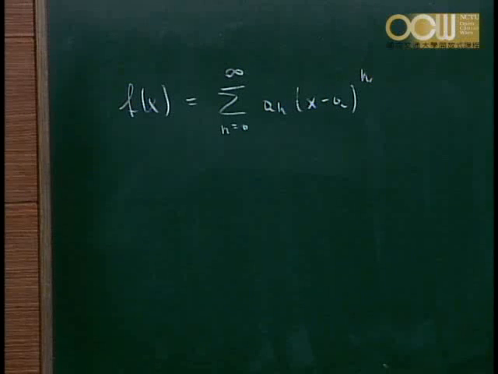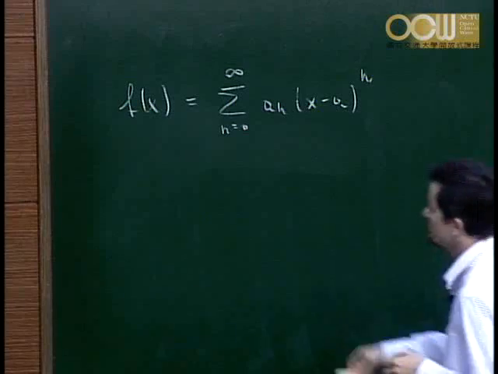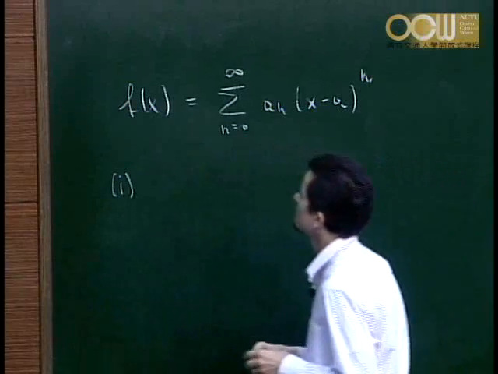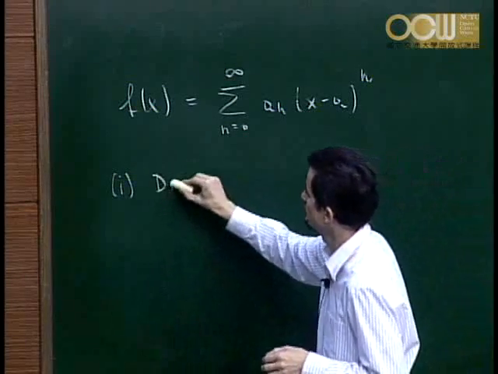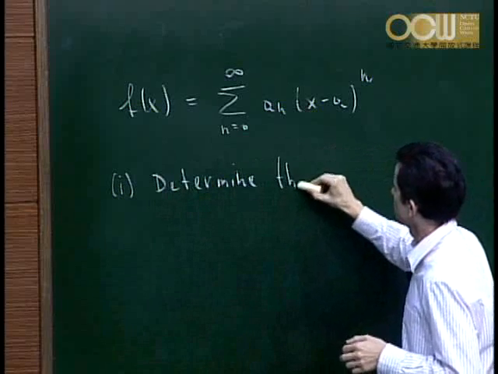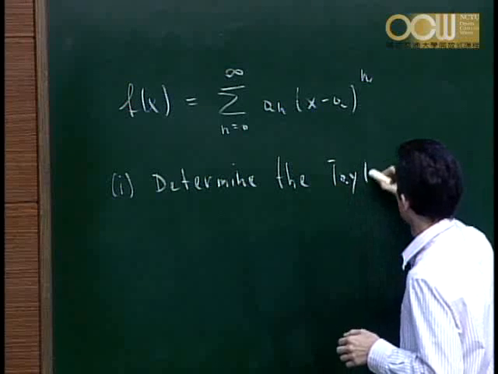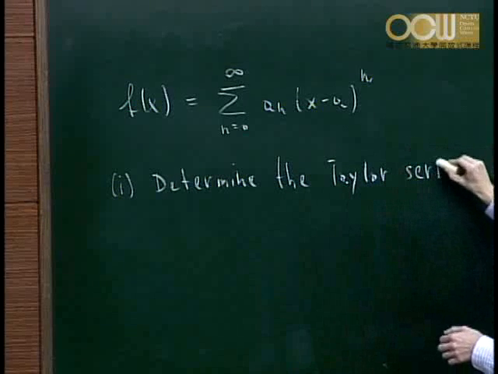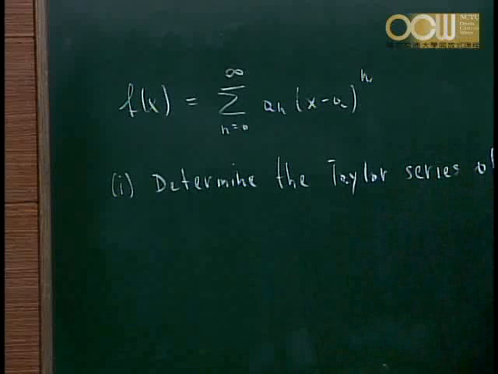Then the second step will be you have to find the radius of convergence of the Taylor series. And then the third step is to prove that such an equality holds on an interval which might be a subinterval of the convergence interval of the Taylor series. So you have three steps. The first step is to determine the Taylor series of the function f of x.